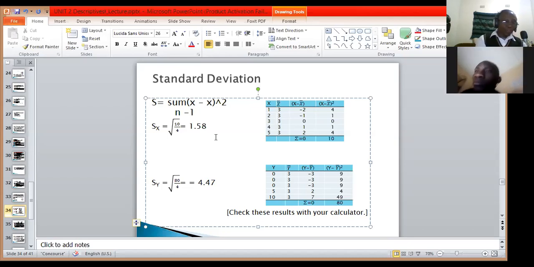So are you able to calculate 10 divided by 4? What do you get? Yes, 2.5. That is our variance. So find the square root of the variance to get the standard deviation.